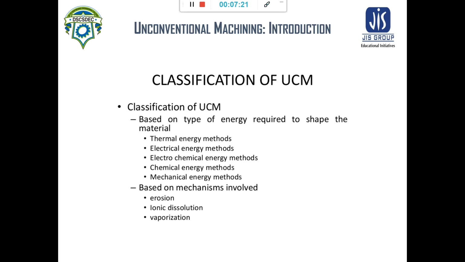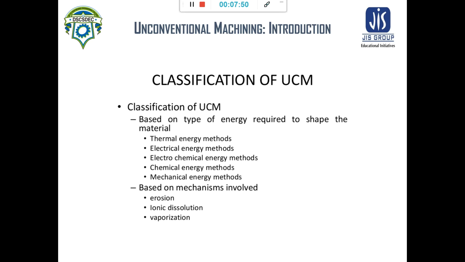In the electrical energy method, electrical energy is used to evaporate or melt the material, so that it directly evaporates and we can get the desired shape. An example of the electrical energy method is plasma arc cutting or plasma arc machining.